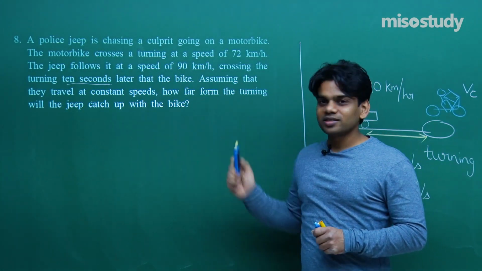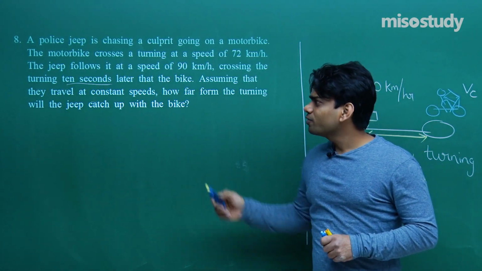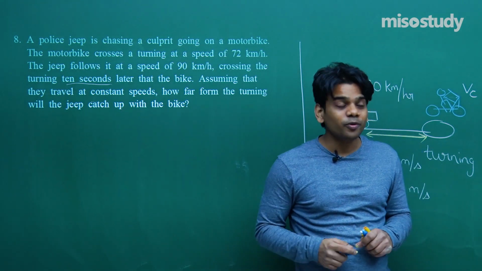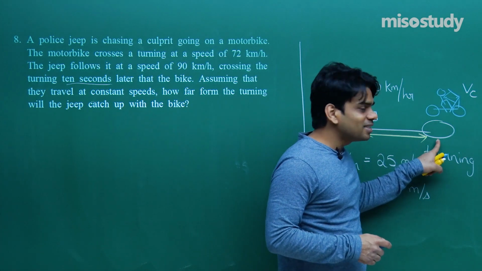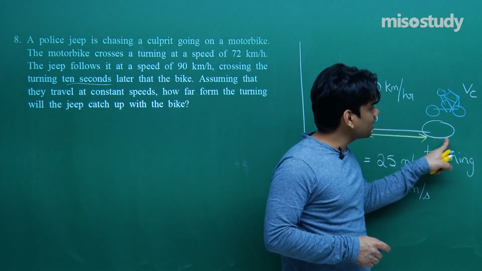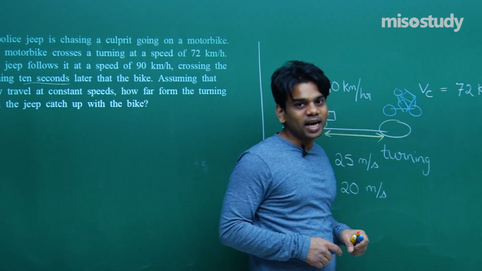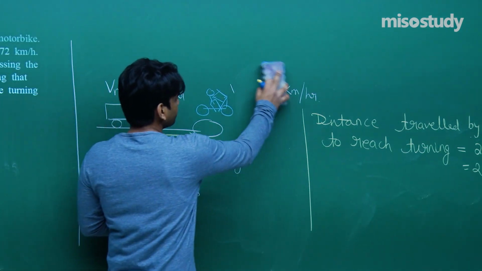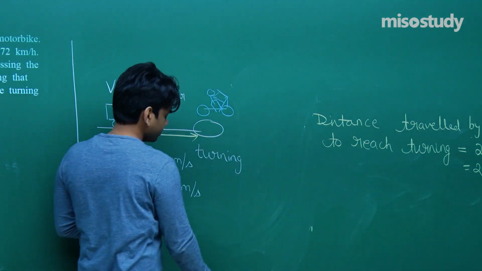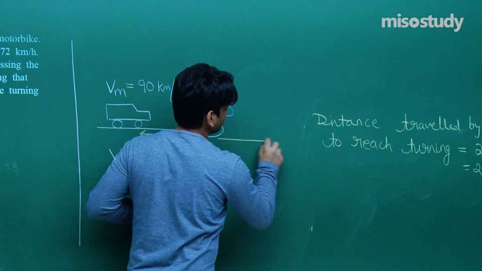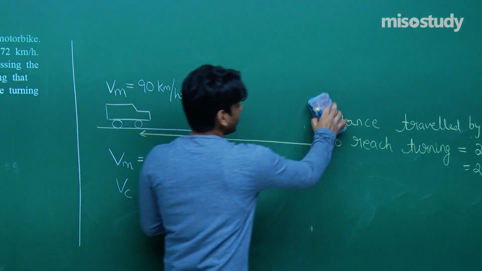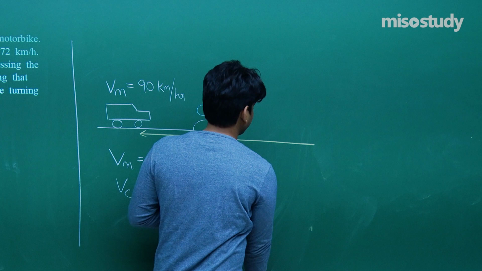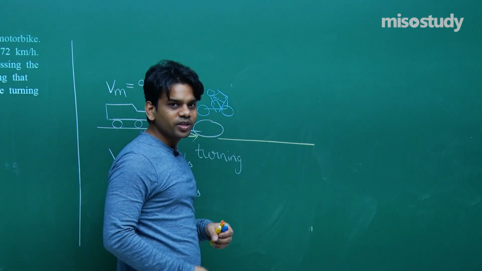Assuming that they travel at constant speeds, how far from the turning will the jeep catch up with the bike? How far from the turning? They are moving at constant speed. Now at the turning, how far would the policeman have traveled to catch the thief? Let us see how we can proceed. Till the time the policeman has reached here in 10 seconds, this thief would have traveled further ahead.